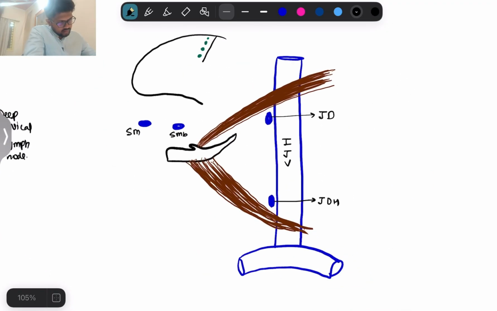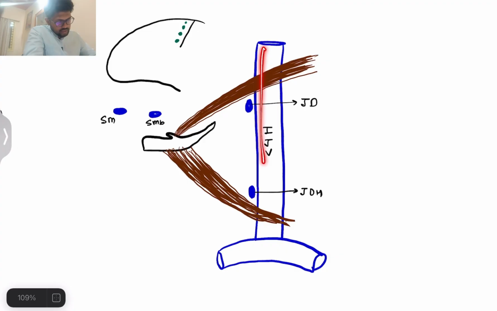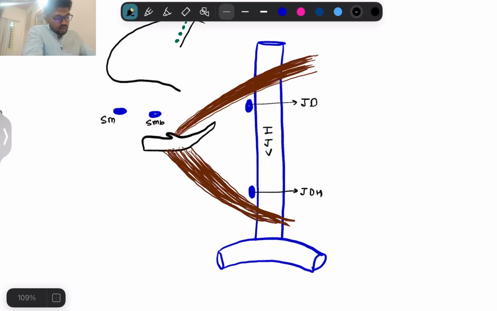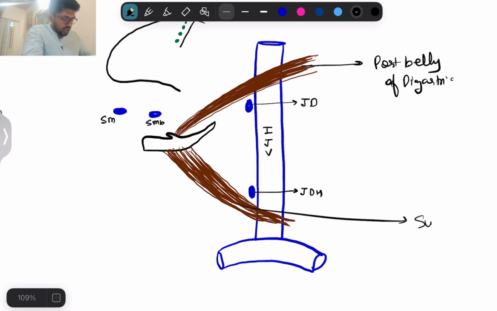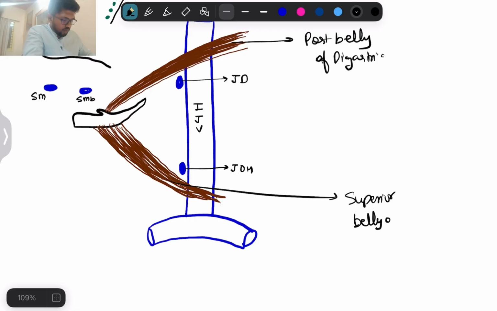This is the tongue, this is the hyoid bone, this is the internal jugular vein, which is draining into the brachiocephalic vein. To the hyoid bone, this muscle is the posterior belly of digastric and this muscle is the superior belly of omohyoid.